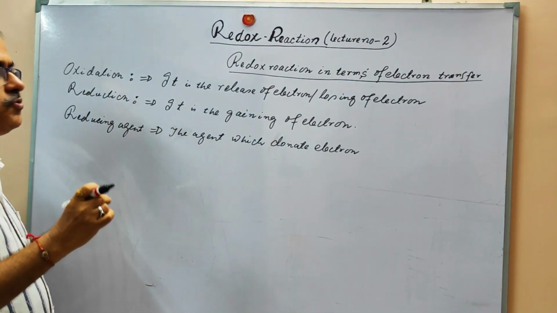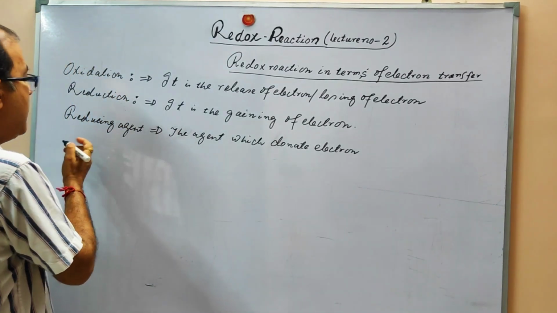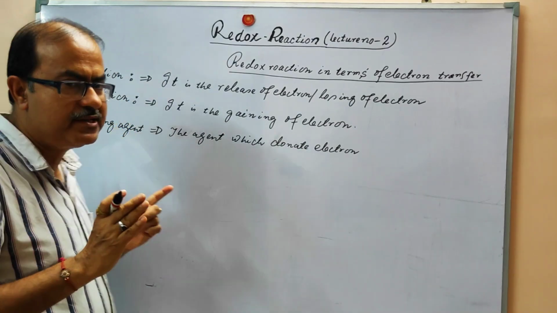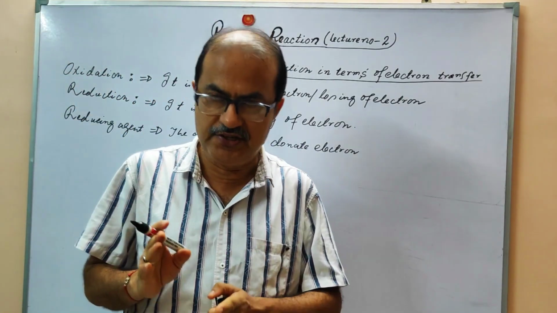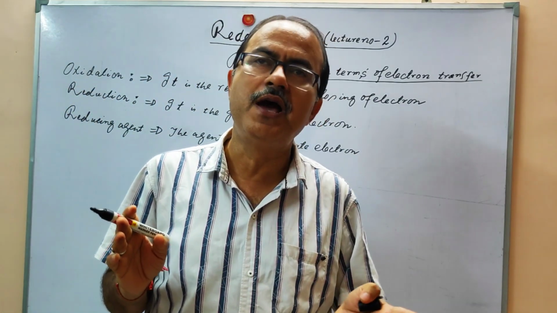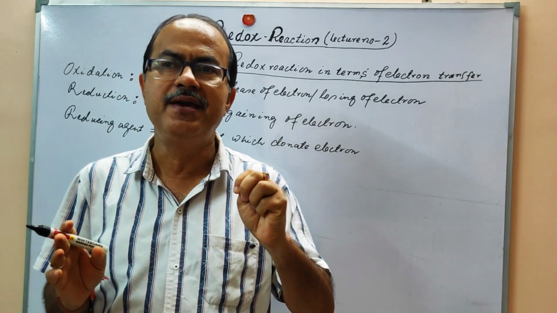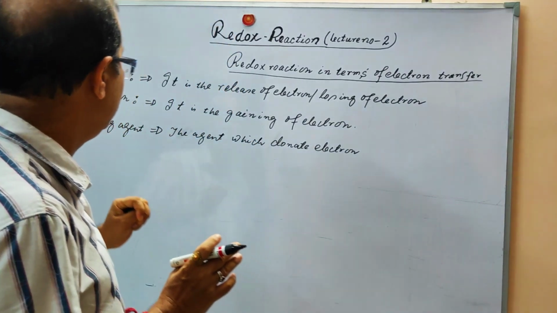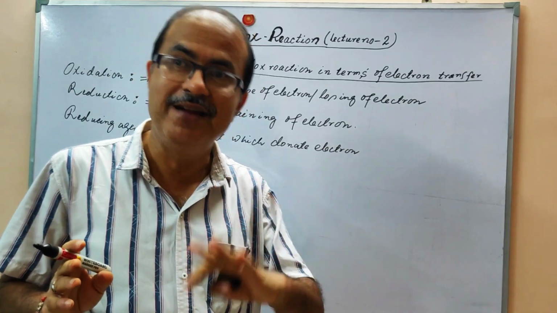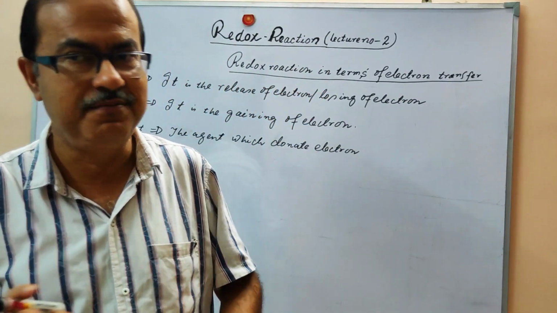By donating these electrons, it will help the other species to reduce. And that means the reducing agent is basically oxidized. In the oxidation process, it loses electrons, and that lost electron will be accepted by another species, which basically helps to reduce the other species.